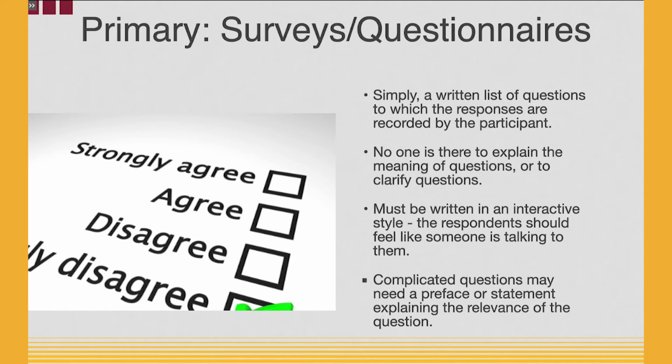So it's a good idea to write these in an interactive style so that the participants feel like someone is asking them these questions directly. And when there are complicated questions, it's a very good idea to add a preface or some kind of explanation that explains why that question is important and why it's being asked.